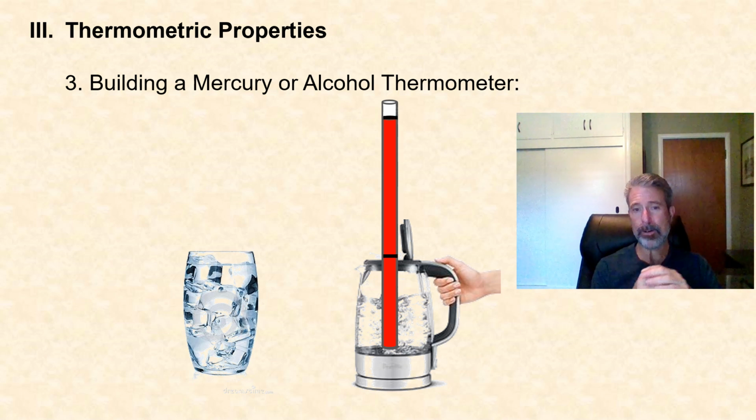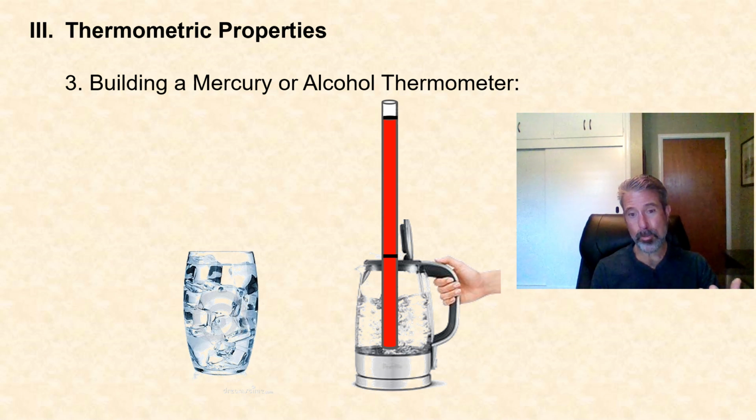Now you have the two marks on your tube, which you're going to call a thermometer, and divide those two marks into 100 equal divisions, and now you have yourself a Celsius thermometer. And the best thermometers, the most accurate ones you can buy that you pay a lot of money for, are actually calibrated this way.